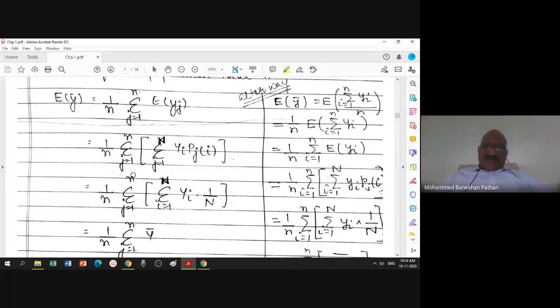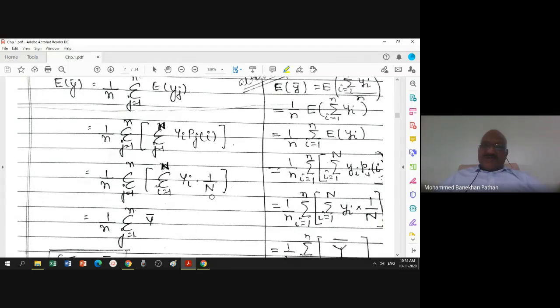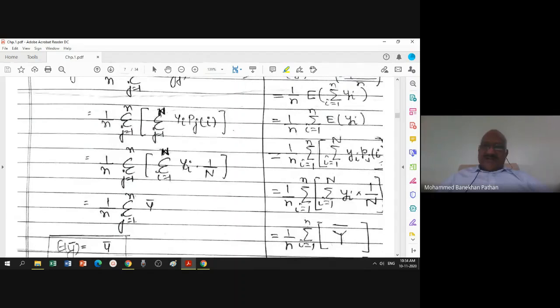Yi is a population quantity, and you know we proved that selecting the ith unit at the jth draw is the same as selecting it at the first draw. So this is nothing but the summation of capital Yi upon capital N, that is the population mean Y bar.